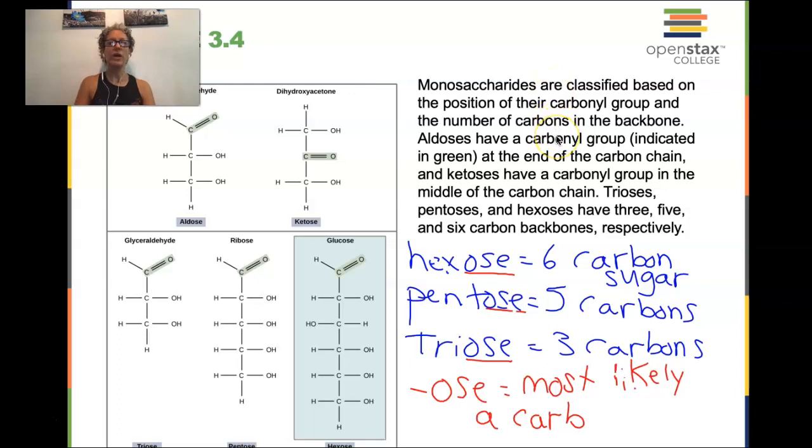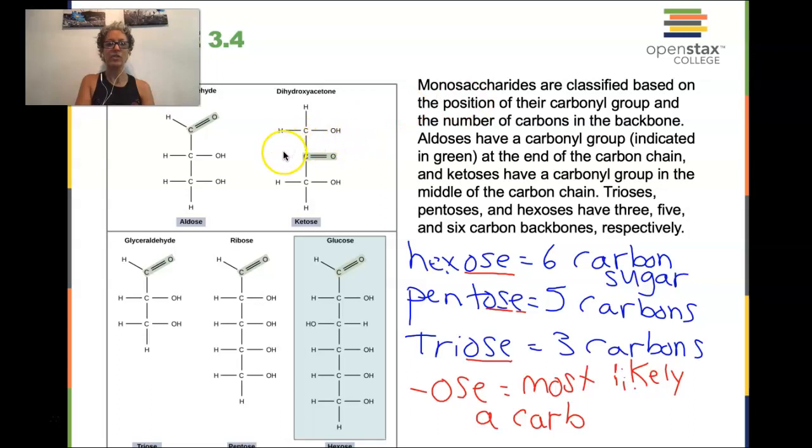And they get classified based on the position of that carbonyl group. Back to our functional groups, putting them into context now. The carbonyl is a carbon double bound to an oxygen. And if that carbonyl is at the end of a molecule, it is called an aldehyde.